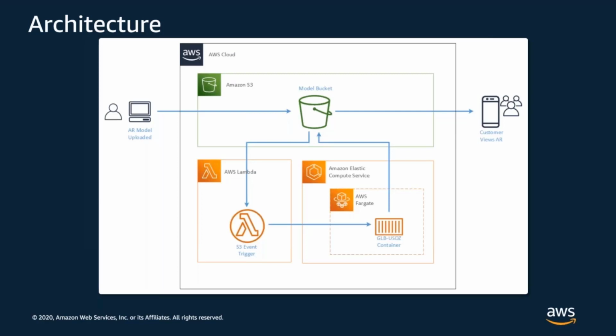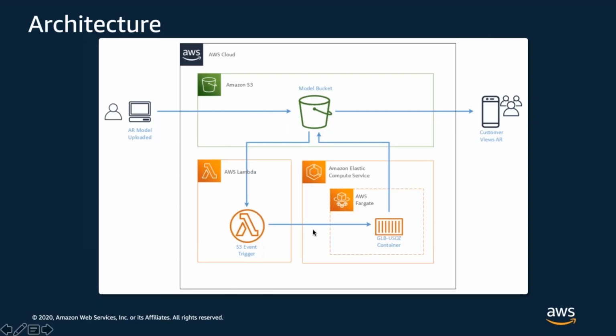So this container will convert from a GLB format to a USDZ format. There's more detail in this document, which you can read through. After it does the conversion, it will put it back up in this bucket and make it available for your website.